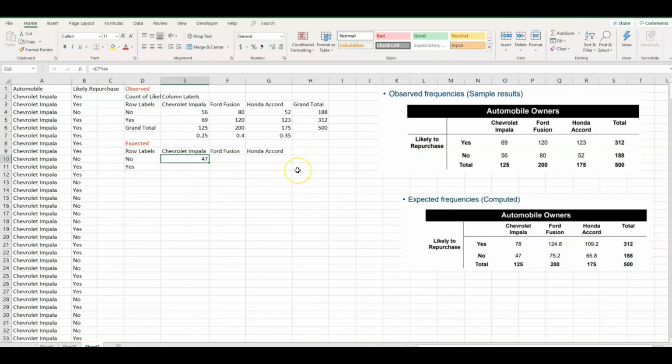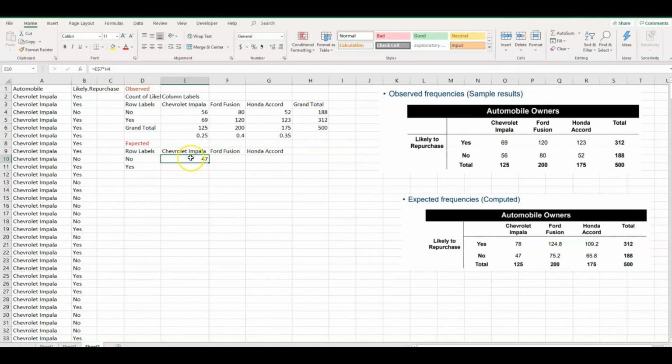Before we copy and paste, we have to see. If we copy down, this one should be fixed. So E7, because we have to copy horizontally, so we fix the 7. We don't fix the E. When we copy horizontally, this one should be fixed too.